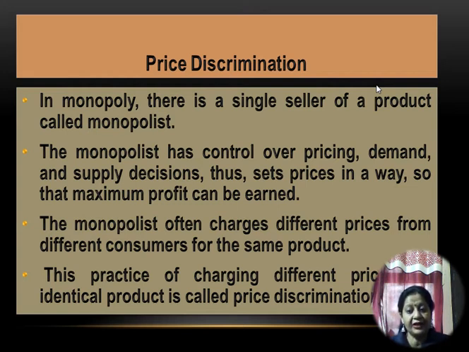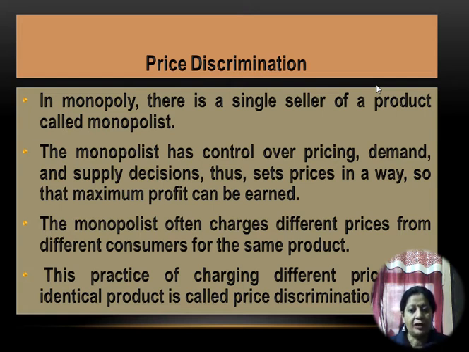Here the same product is lauki, and he is charging 3 different prices, that is 30, 35 and 40, from 3 different customers. So that is known as price discrimination, charging different prices from different consumers for the same product. This practice of charging different prices for an identical product is called price discrimination.